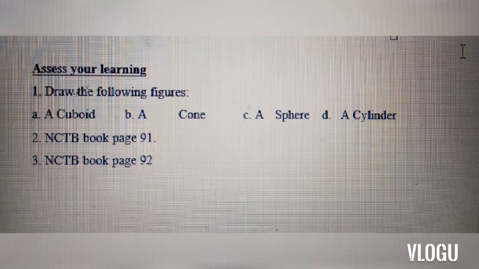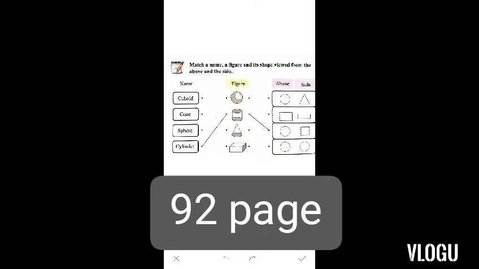Question number 3, page 92. The question is, match or name a figure and its shape viewed from above and side. Cuboid.